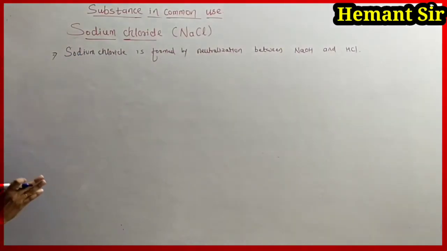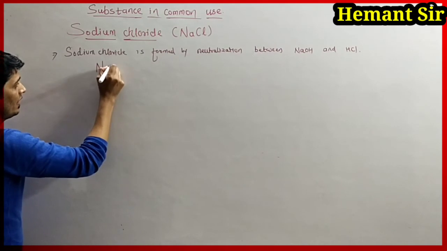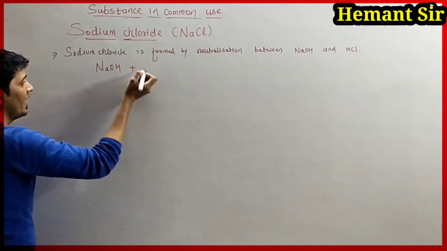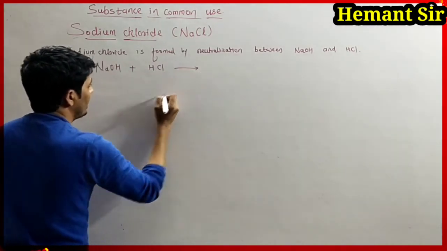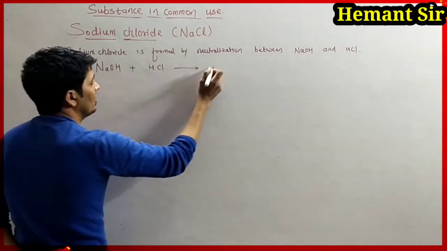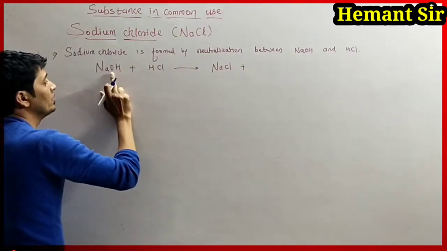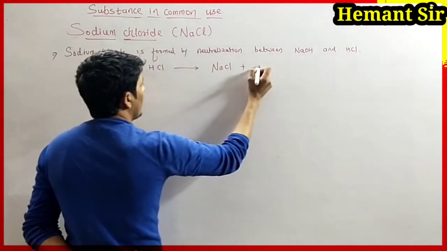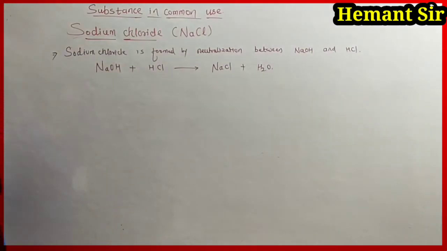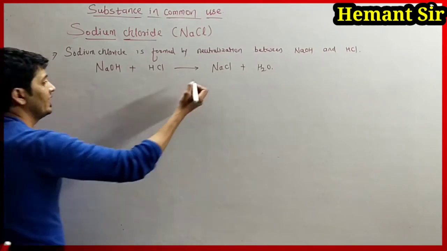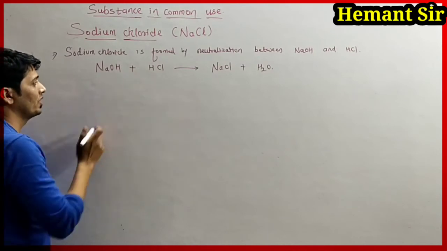So we have to understand the reaction also. The reaction will be NaOH reacts with HCl, and when they react with each other they form NaCl, which is the salt, plus a water molecule; OH and H will form H2O. So water is also formed along with NaCl. If it is a reaction, we have to write the names of the reactants and products also.